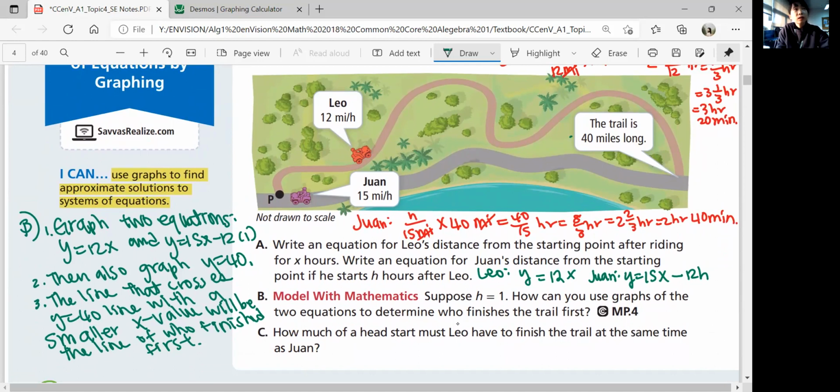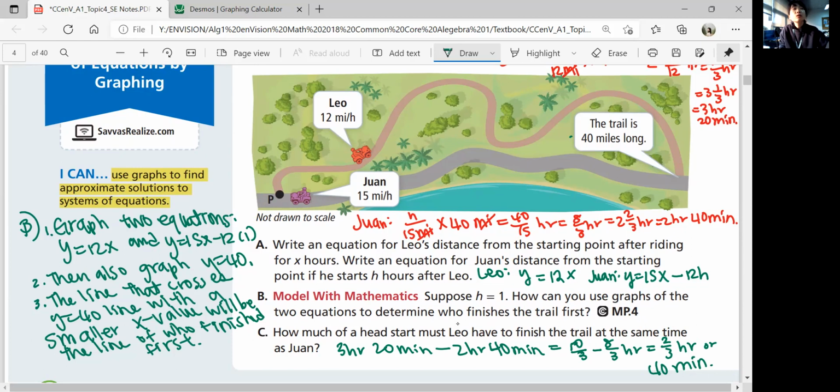Because the time that they finish the trail will not change, because their speed doesn't change either, right? So 3 hours and 20 minutes minus 2 hours and 40 minutes will be, let's change that back into fractions. 10 over 3 minus 8 over 3 hours, which is 2 over 3 hours or 40 minutes.